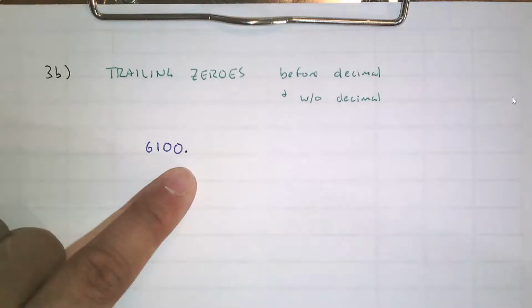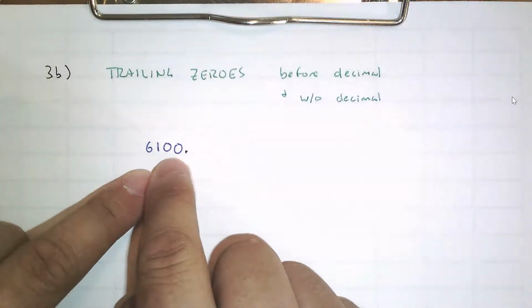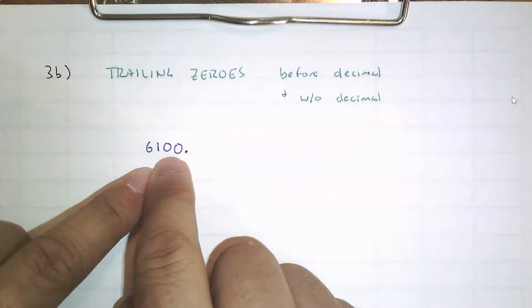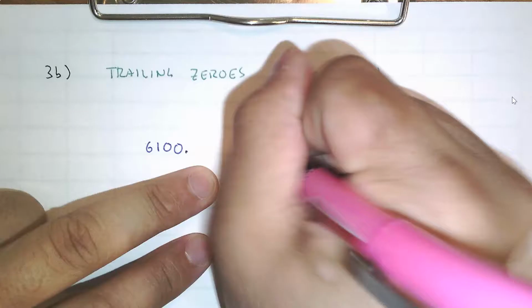By putting the decimal place there, we are saying that those zeros are significant, and we know that they are true, that they have been measured. This one has 4 sig figs.